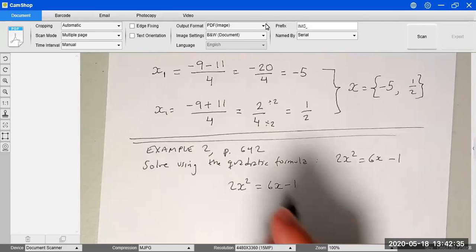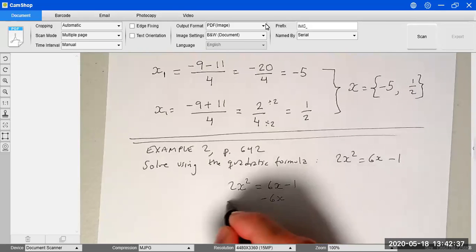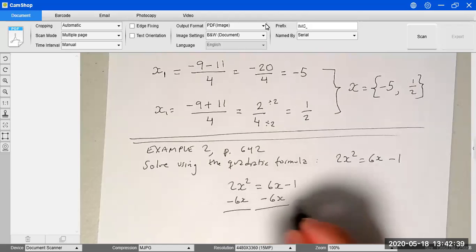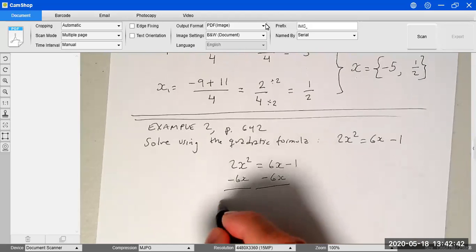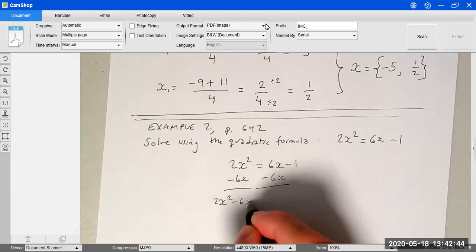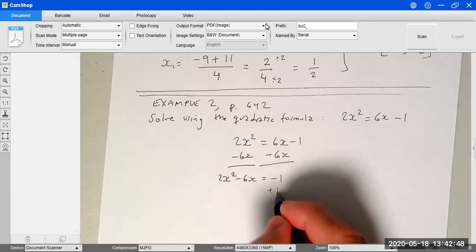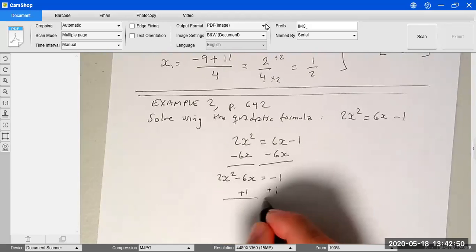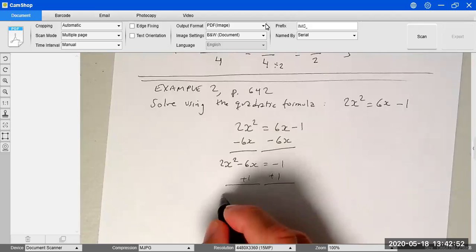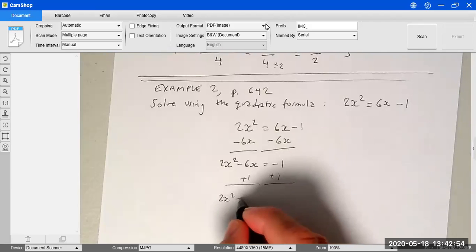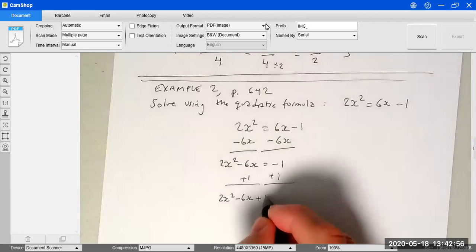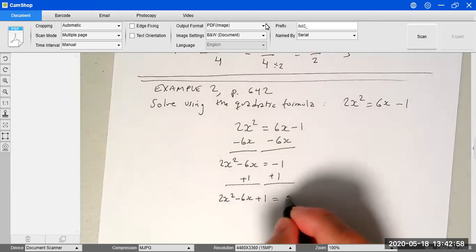So first we're going to subtract 6x from both sides of the equation. So you get 2x squared minus 6x equals -1, and then you're going to move -1 to the other side by adding 1 on both sides of the equation. So you're going to get 2x squared minus 6x plus 1 equal to 0.